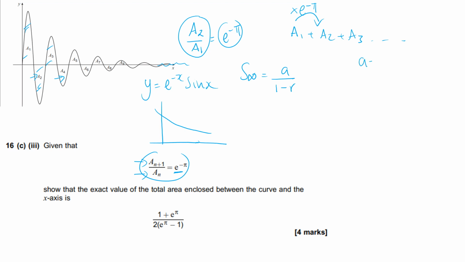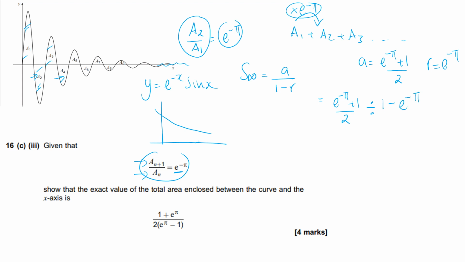Now our a is equal to e to the minus pi plus 1 all over 2. And our r is equal to, what do we do to get between the terms? E to the minus pi. So let's just put them into the formula. It's going to be a, e to the minus pi plus 1 all over 2, divided by 1 minus r, which is e to the minus pi.